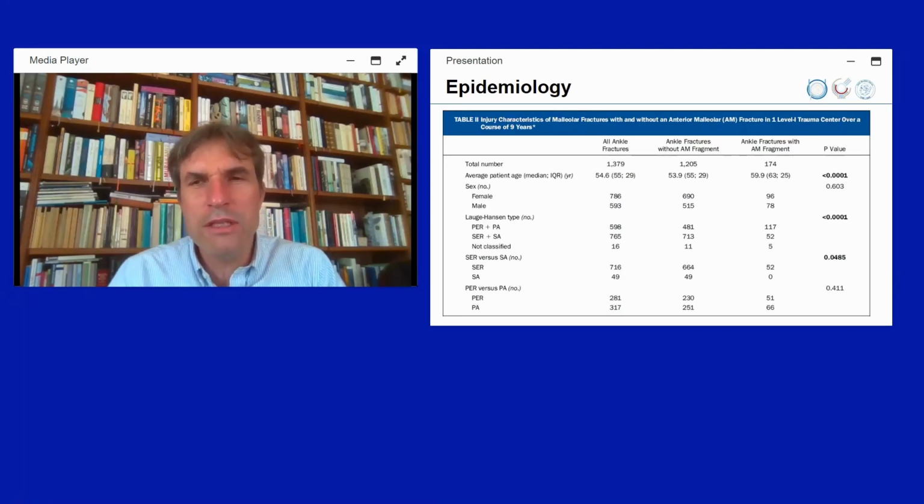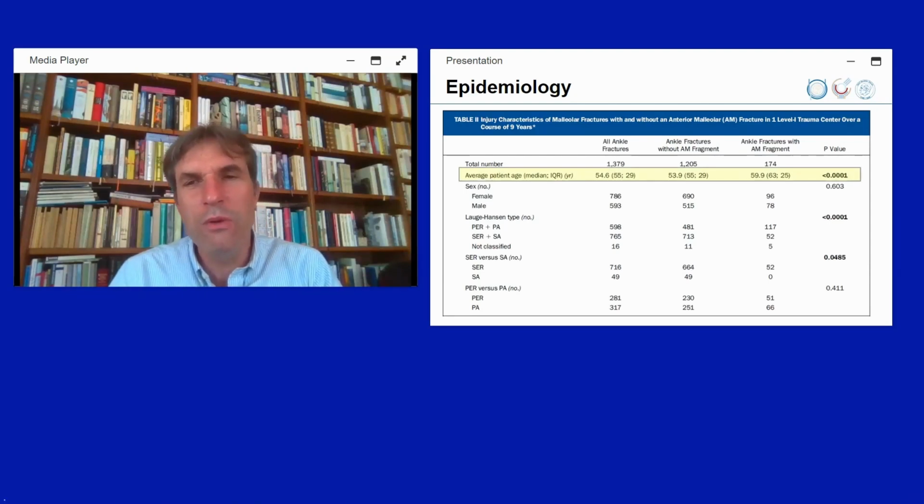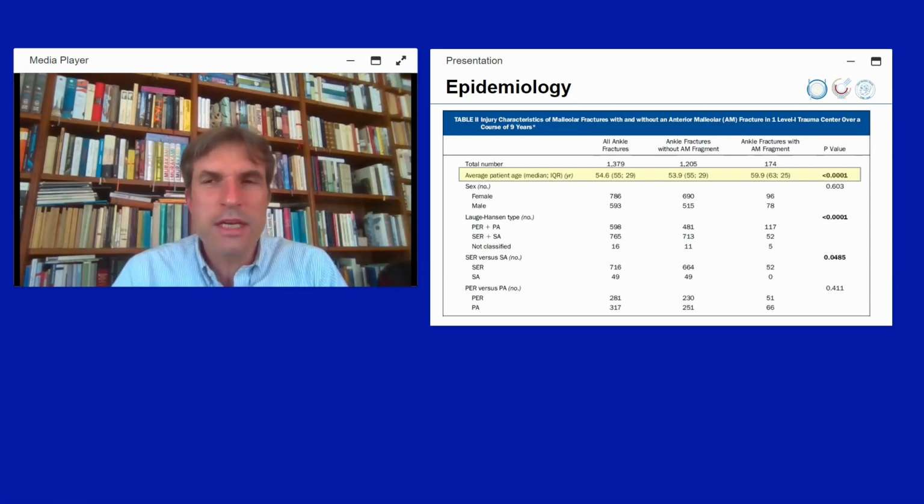And when we looked at ankles that had anterior tibial fractures and those that hadn't, we also found some interesting things. We found that patients were older with anteromalleolar fractures than those without. Probably at this stage, the bone gets a bit weaker than the ligaments, and so it's a bony fracture rather than just a ligamentous injury, maybe.